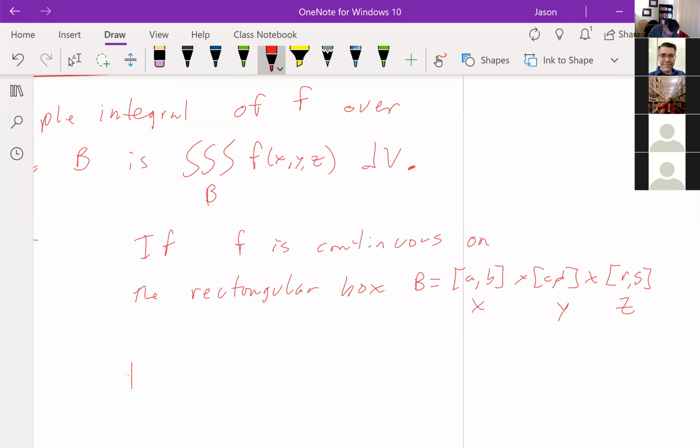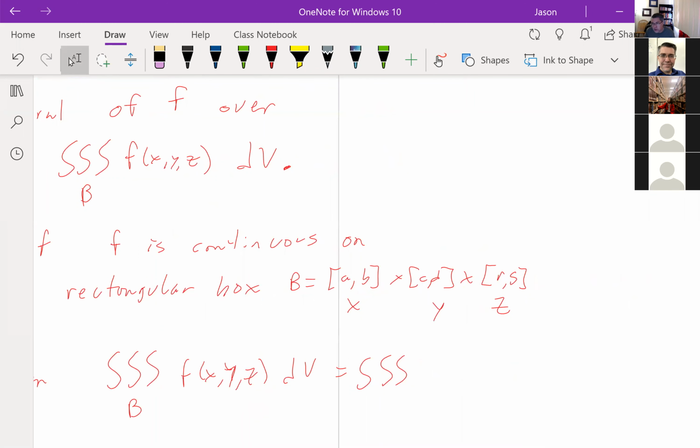Then the triple integral over B of f of x, y, z dV is equal to the triple integral, and I'm going to go in reverse order here, just for the same reason that I went in reverse order last time.